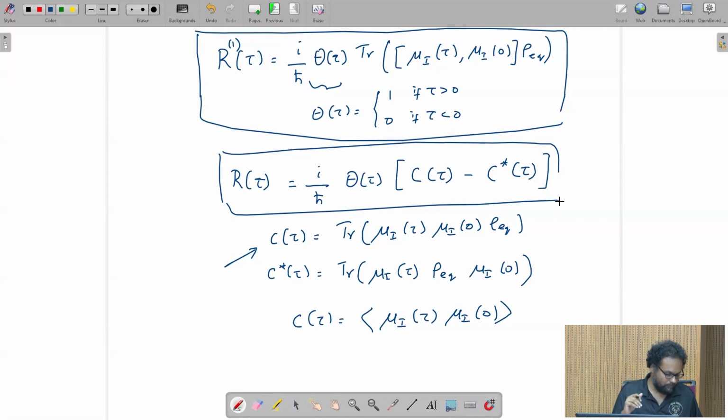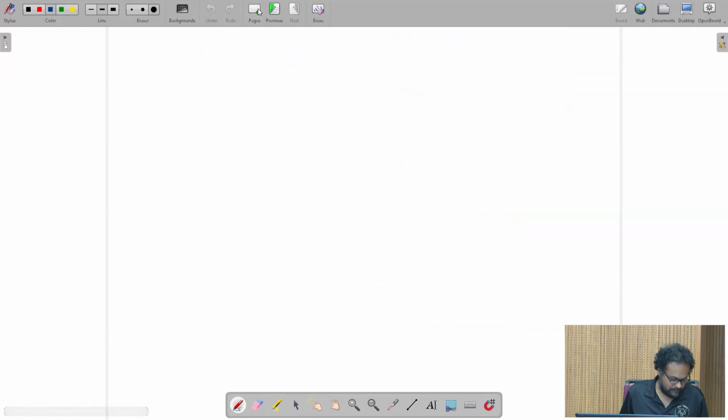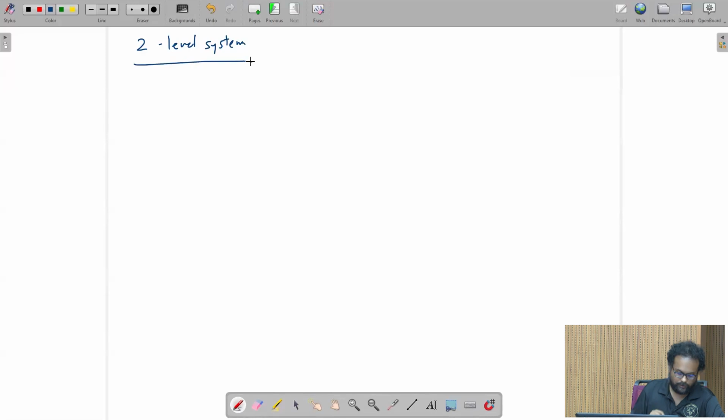Okay. Cool. Now let's go back to the two-level system. Let's explicitly calculate the linear response for a two-level system. So I can write my optical Bloch equations, which we all know very well. I'm only going to write the off-diagonal element for now.